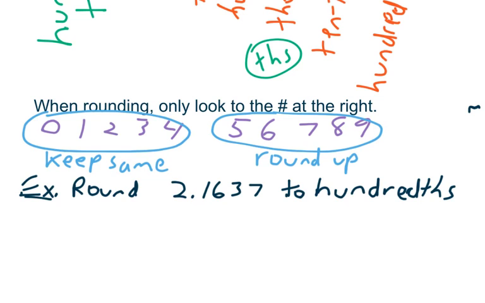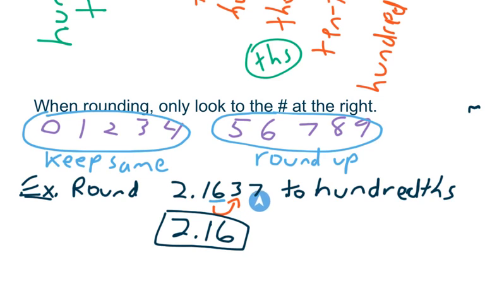So for instance, this is tenths, hundredths. So I'm going to underline that hundredths place, the 6. I'm going to look to the number to the right of it, the 3, and it's in this group. It's the lower half, so we're going to keep that hundredths place the same. So it would just be 2.16. Notice I don't put any extra digits there. I don't need the thousandths or the ten thousandths place. I just stop there.